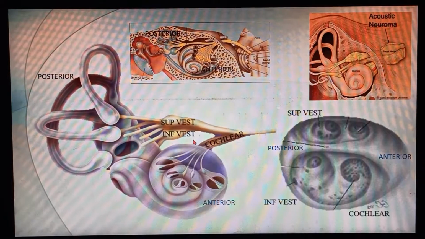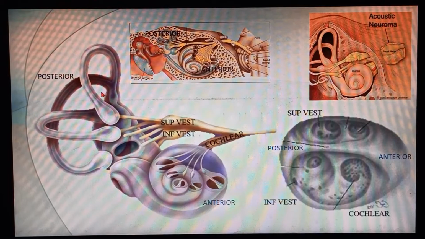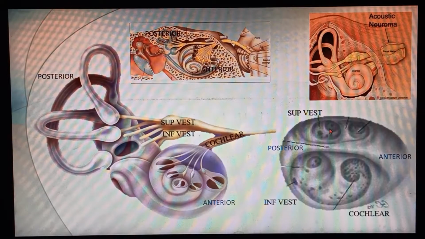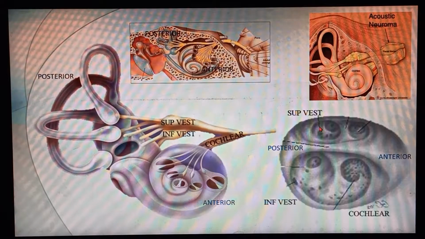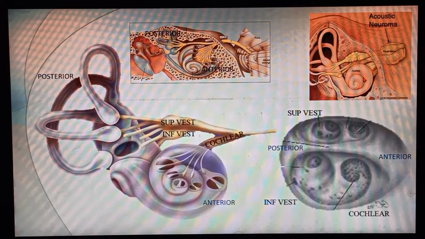Above it, posteriorly, there is the superior vestibular nerve, which arises from the posterior superior part of the vestibule and enters the posterior superior part of the internal auditory canal as well. You can see this very clearly in this picture: the cochlear nerve entering antero-inferiorly, the inferior vestibular nerve posterior-inferiorly, and the superior vestibular nerve posterior-superiorly.